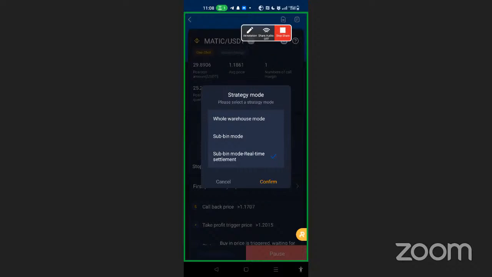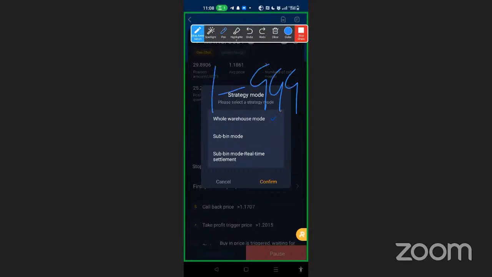The first strategy is what we call the whole warehouse mode. So when does the whole warehouse mode work and when does it stop? The whole warehouse mode works on all margin calls from margin call number 1 to margin call 999.